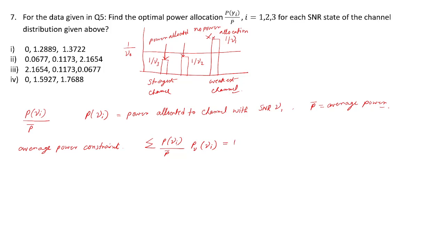This is equal to 1. Actually it's upper bounded by 1, but since we are looking for optimal power allocation, we should have equality in place. And as we have seen, 3 instantaneous SNRs are possible, namely 0.4, 6 and 12, where I runs from 1 to 3.